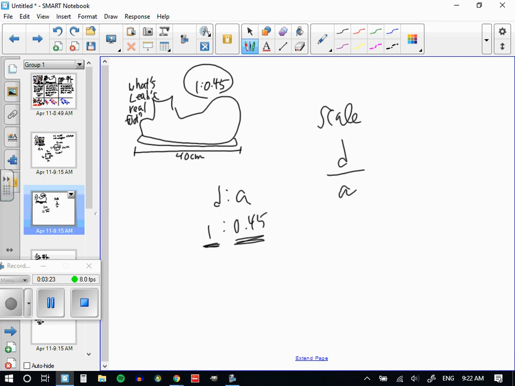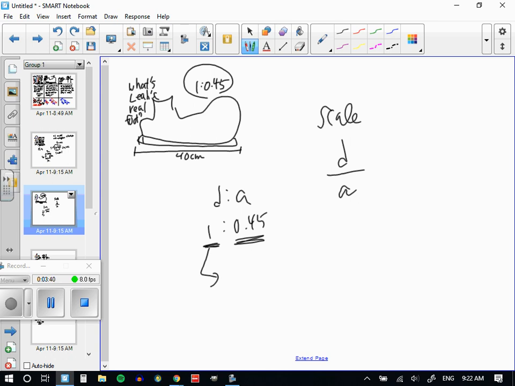So for every 1 centimeter in the diagram, the actual foot of Leah's is 0.45 centimeters, or roughly a little bit less than half a centimeter long in the actual size.